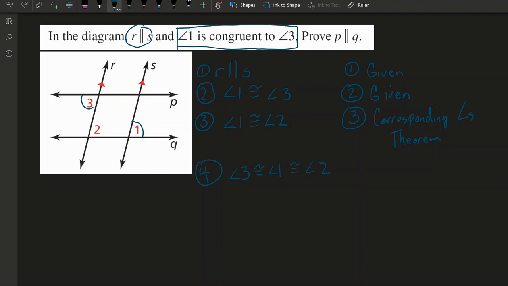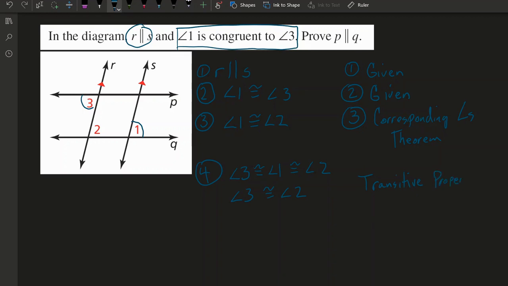So if angle 3 is congruent to angle 1, which is congruent to angle 2, I can say angle 3 is congruent to angle 2. Now, the reason for that is if angle 3 is congruent to angle 1 and angle 1 is congruent to angle 2, then angle 3 must be congruent to angle 2. That is something called the transitive property.